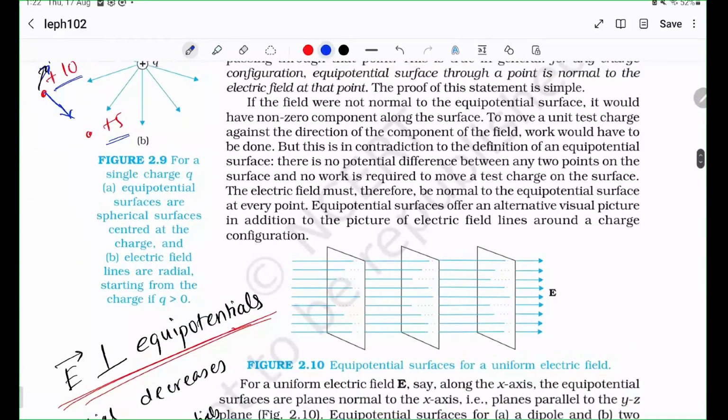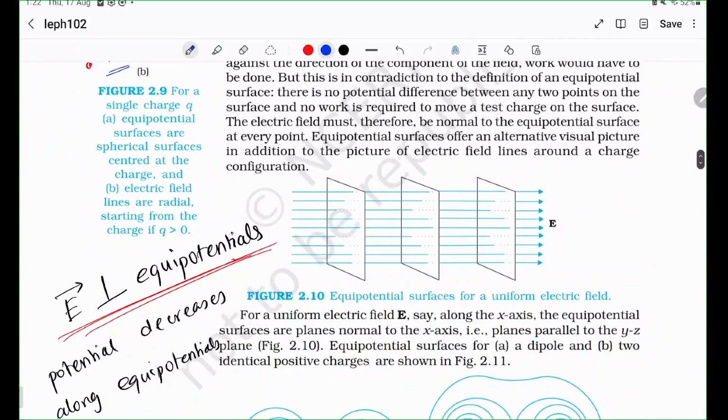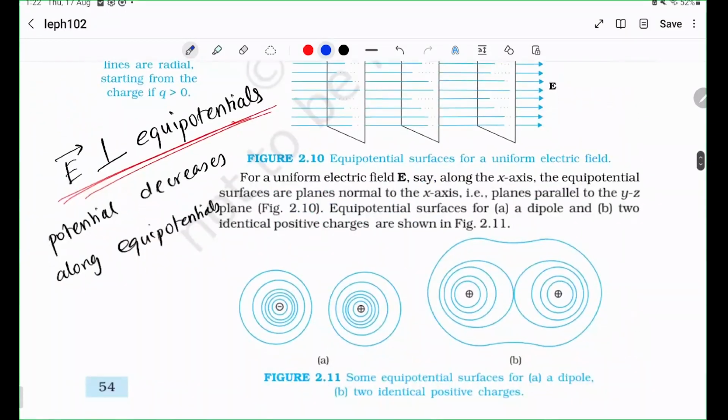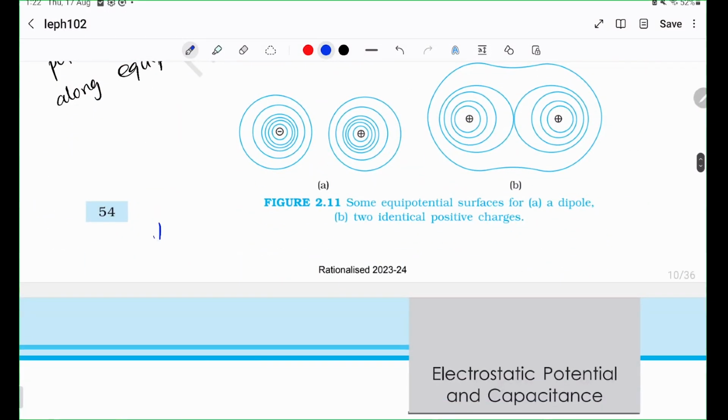So let us say that the electric field were not perpendicular to the equipotential surfaces. Let us say this was the equipotential surface and the electric field were like this. The issue is that this electric field can now be split into a perpendicular component and a horizontal component, right? The perpendicular component is fine, but the horizontal component will drive this charge Q to have a motion along this path, right?